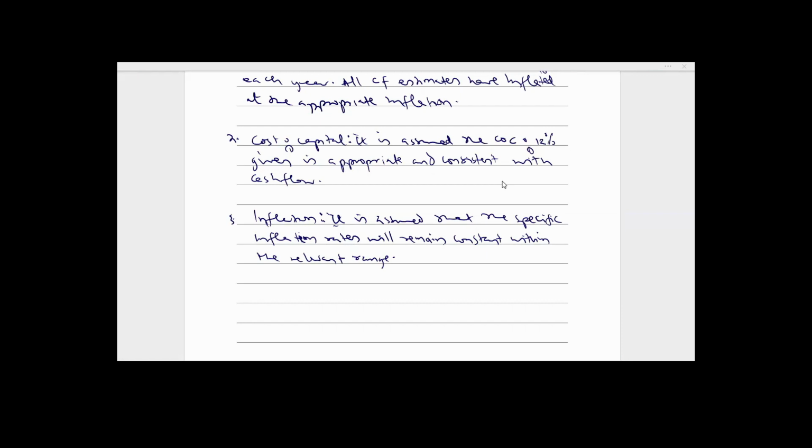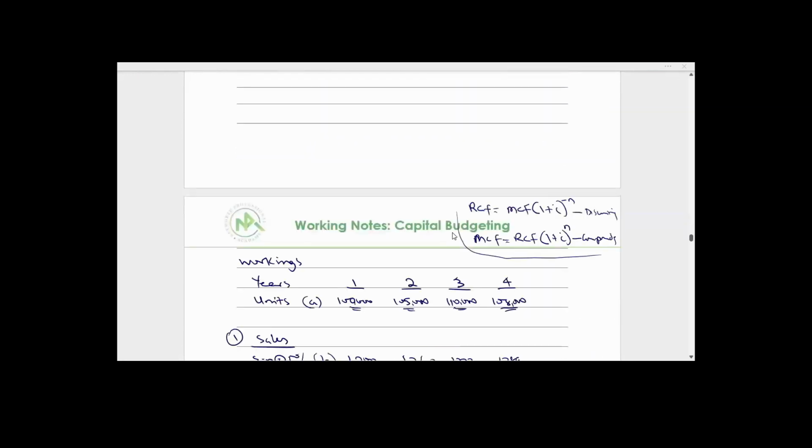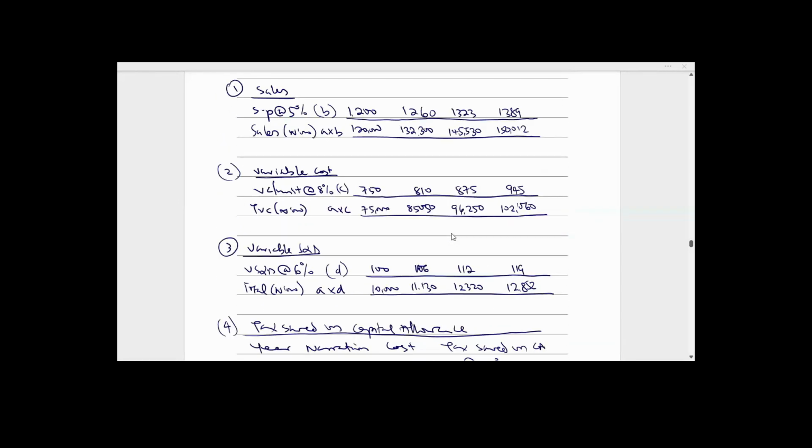And that is why, when you look at our workings, we inflated the selling price. We also inflated all the variables: variable costs, fixed costs, fixed admin, and all of that, because they are real cash flow.